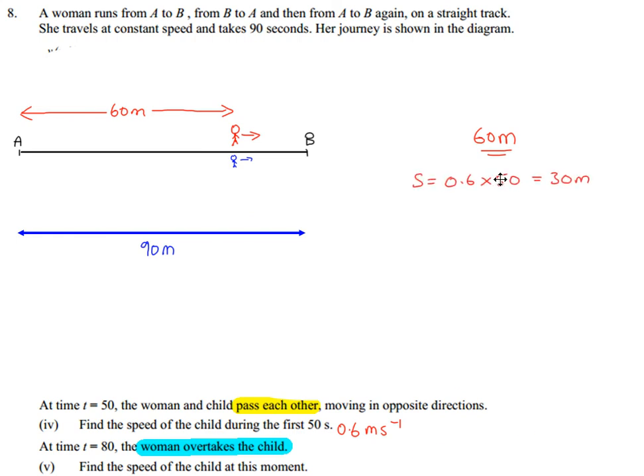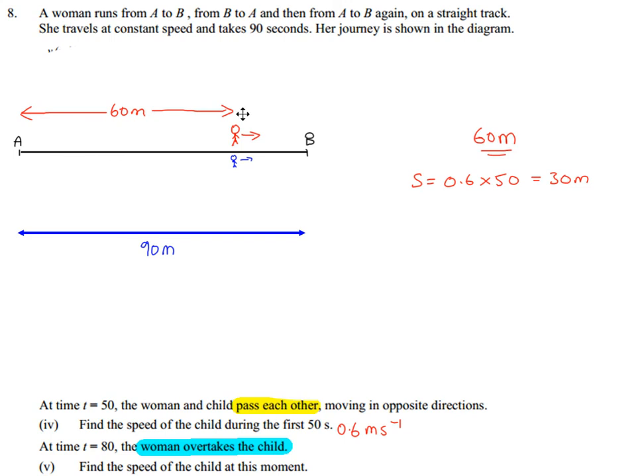and if we look at how far the child has traveled in the first 50 seconds, where the child was going at constant velocity, it's 30 meters, so the child has another 30 meters still to travel to get to this point at 60 meters.